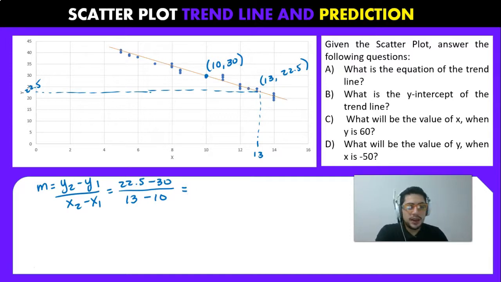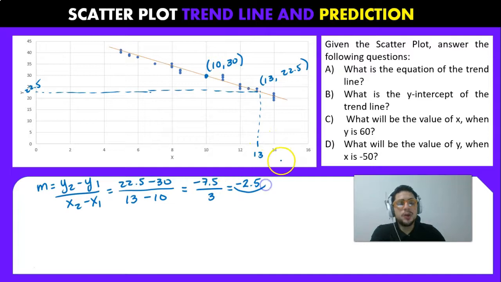So 22.5 minus 30 is going to be minus 7.5, right? And then 13 minus 10 is going to be 3. And then whenever we divide minus 7.5 by 3, that gives us a value of minus 2.5, right? And that is going to be the value of the slope of our trend line that we will be using later on.